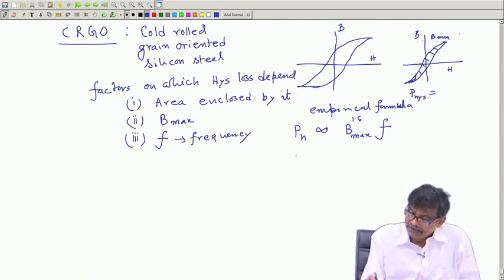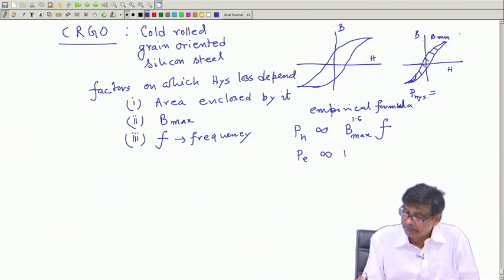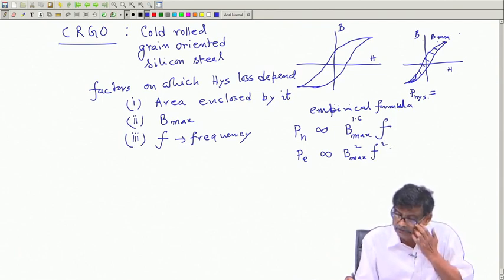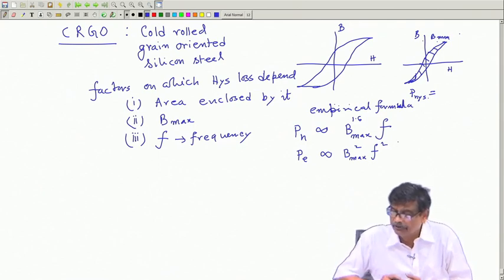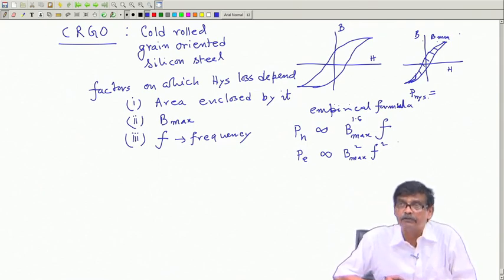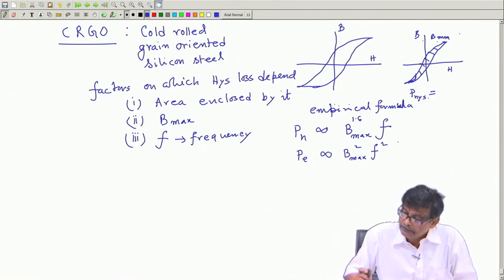Therefore, recall that eddy current loss is proportional to Bmax square, f square and thickness square. Once the plate is chosen, the thickness of which may be a fraction of a millimeter, say 0.25 millimeters or so, I am showing it just as proportional to.